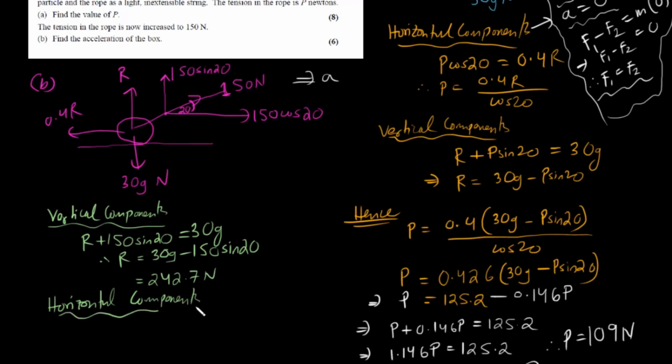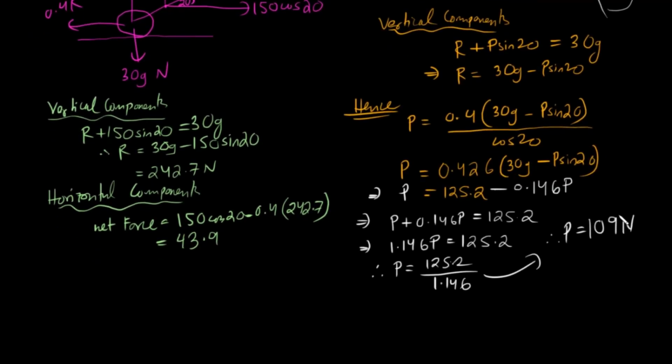Now horizontal components. This time the object is going to accelerate forward. So the force that is pulling it forward is 150 cos 20, and the frictional force keeping it backwards is 0.4R. R is 242.7. So the net force is 43.9.